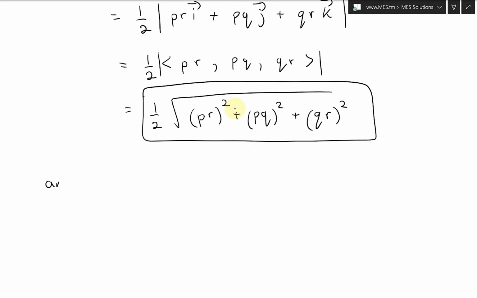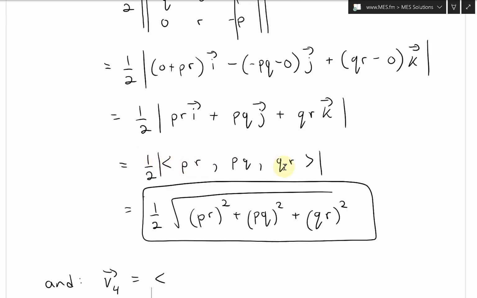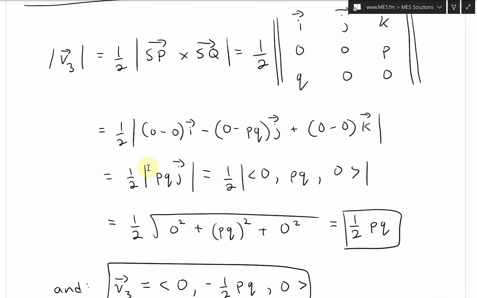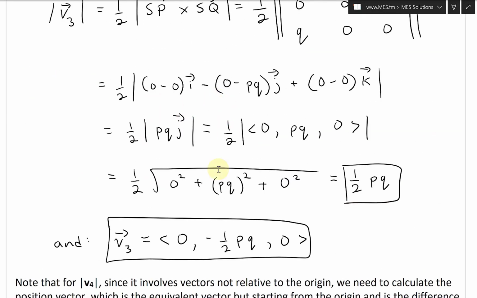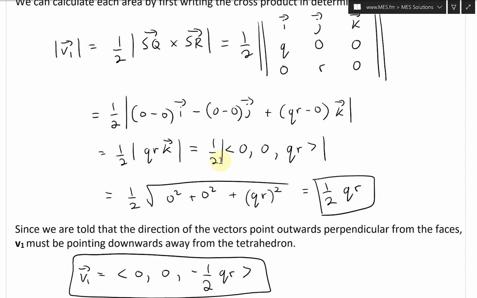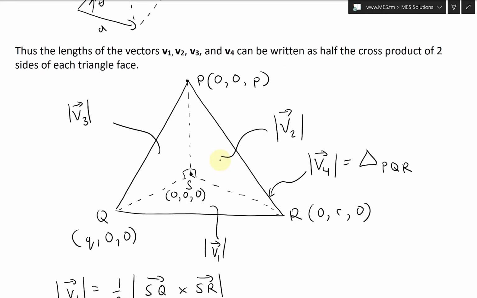And now the vector itself is going to be equal to, well, we have this cross product there with the 1/2. And notice in all the other ones we did, the cross product is basically the exact same vector, but we had to choose a direction based on what we were told. So for this face PQR, we're going to have to go outwards from it.